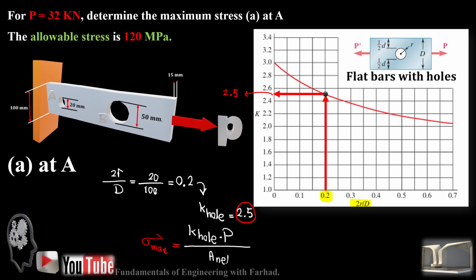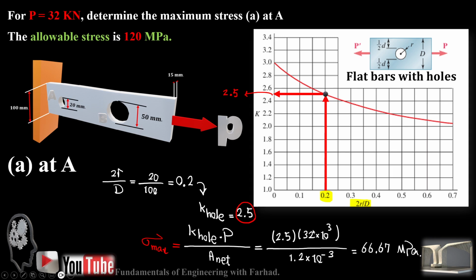In calculation of sigma maximum, be careful: sigma maximum is K, a factor for that circular hole, times pulling force over the net area. So we have K equal to 2.5 from the chart, times 32 times 10 to the 3, that's 32 kilonewtons, over the net area which we already calculated to be 1.2 times 10 to the negative 3 meters squared, and that gives us sigma at A of 66.67 megapascals.